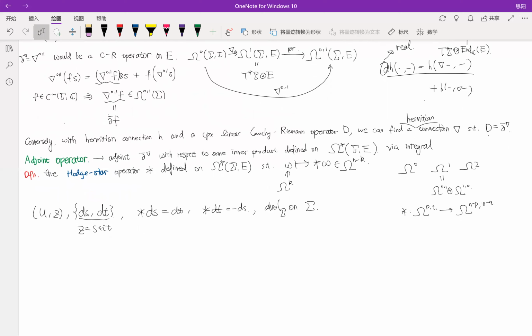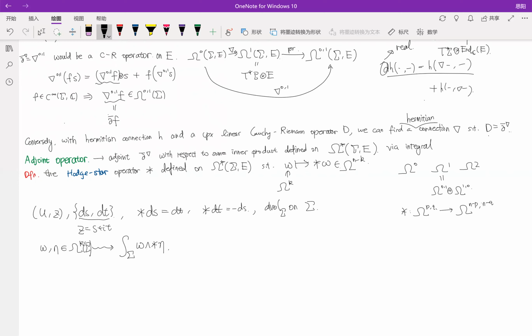So with the Hodge-star operator, we can associate to any two differential forms of the same degree, alpha and beta in sigma, a number which is the integration over sigma of alpha wedge star of beta.